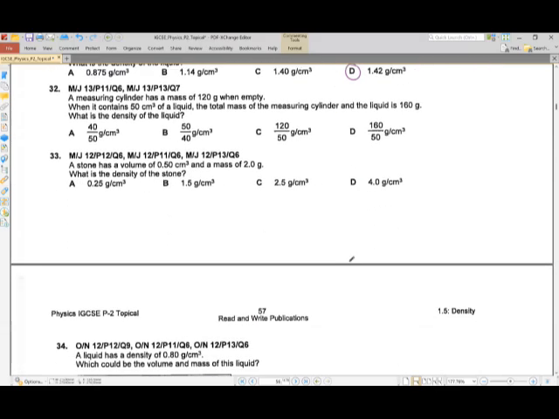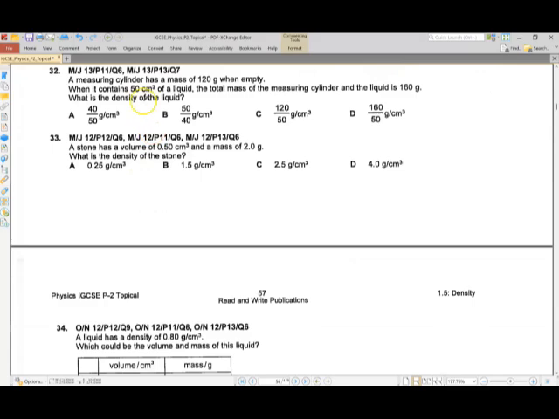Okay, now moving on to question number 32. A measuring cylinder has a mass of 120 grams when empty. When it contains 50 cm³ of liquid, the total mass of the measuring cylinder and the liquid is 160 grams. What is the density of the liquid? So now here they've given us the volume of the liquid, which is 50 cm³.